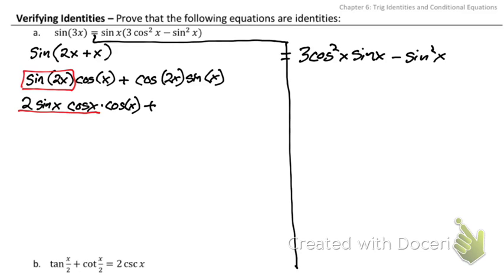We don't have those, and we do have plenty of sine squareds and cosine squareds, so a good idea is to just try turning that into our cosine squared x minus sine squared x. And don't forget about that sine x that's on the outside.